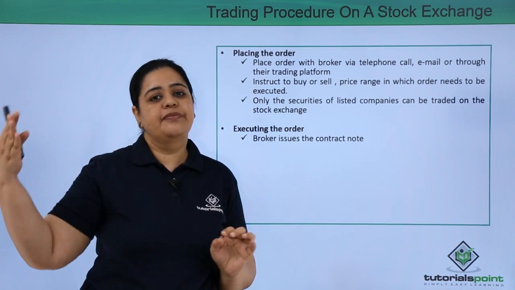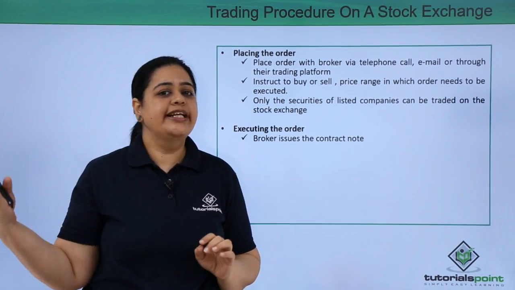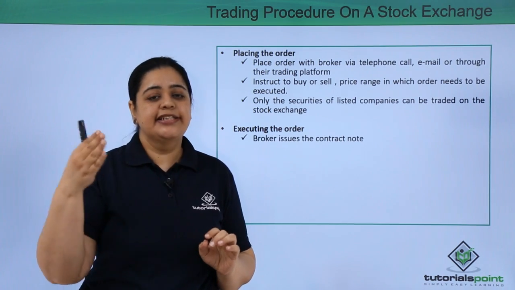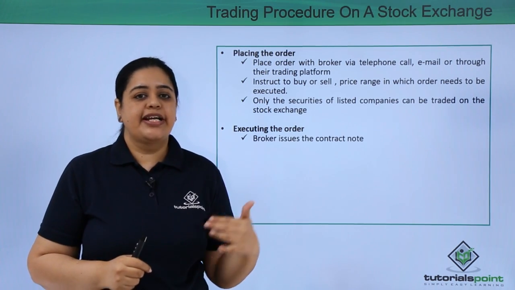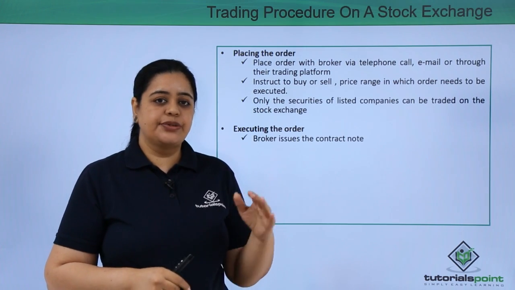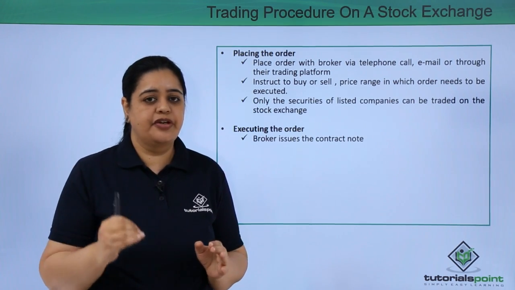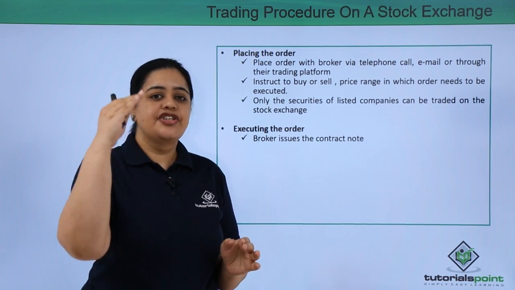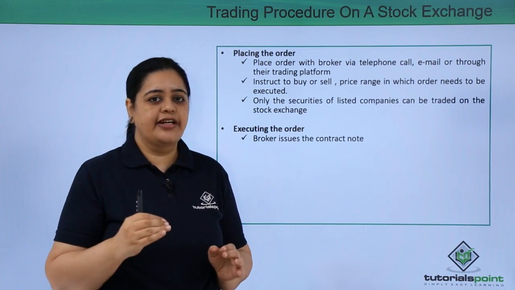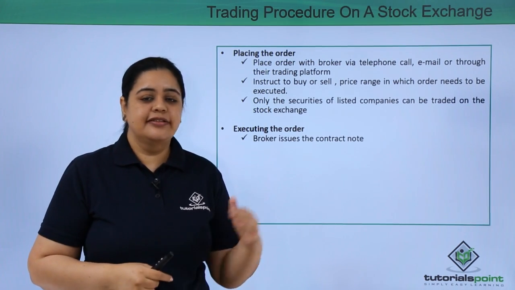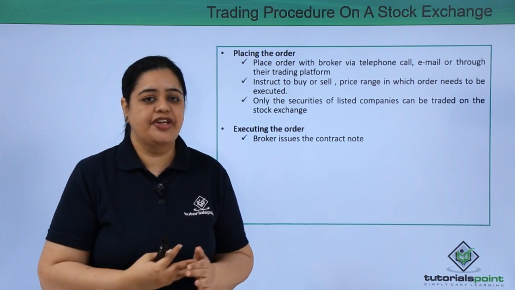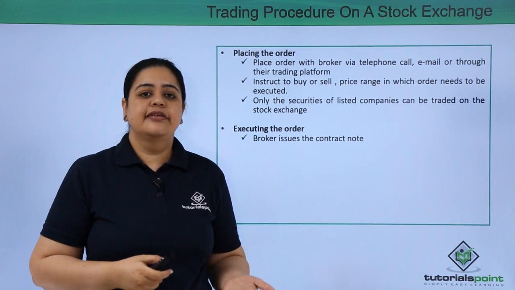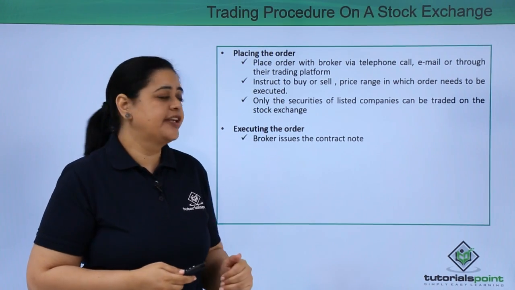Okay, right now the price is going around at 1410, so it is 10 rupees higher than my price at which I intend to buy. So that's an instruction to the broker. The moment Reliance share price falls to 1400, the system would automatically place the trade and the purchase would get executed.